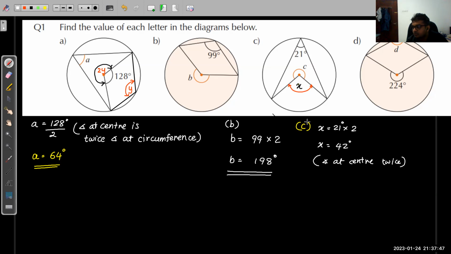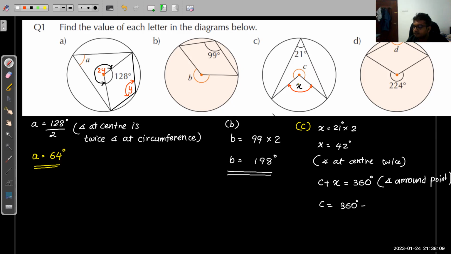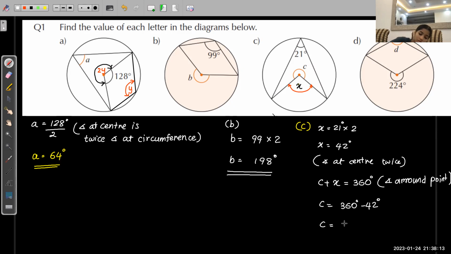Then you know the value of x, so can't you find c? You can write c plus x equals 360, angle around a point. So c equals 360 minus 42, which is 318.